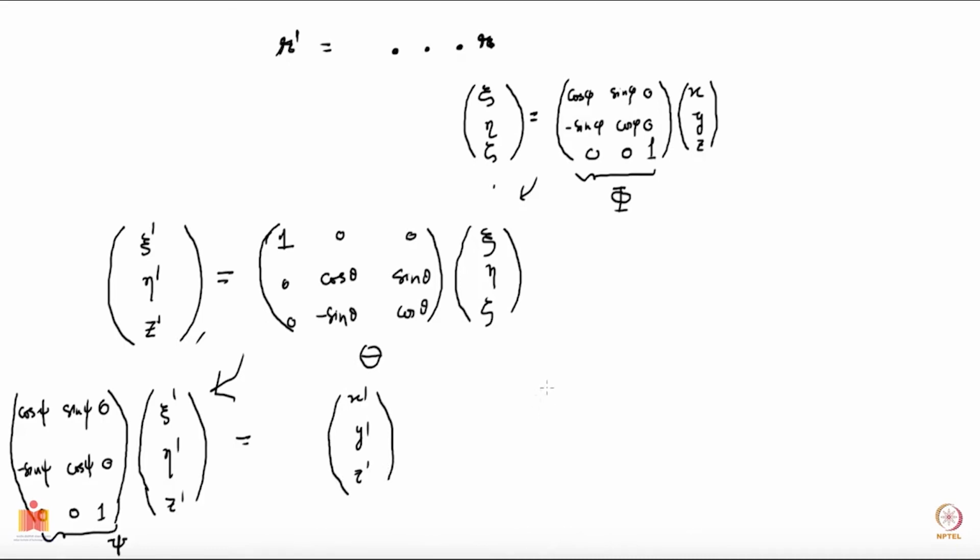So I start from here and arrive here through 3 consecutive rotations, and these are the corresponding rotation matrices, which means my matrix A, which takes me from original configuration to the final configuration, is a product of these 3. And because this is the first transformation, I should put it to the right most, because that's the one which is multiplying my x, y, z.